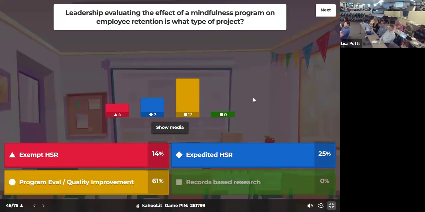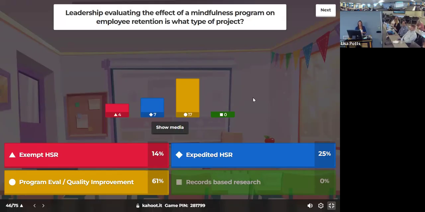Program eval. Yeah, so again, like with all these, you could say it depends on the specific details, but I would probably pick program eval on this one too. Say they're looking at aggregate data, like turnover rate of a group of employees, and considering whether, since we implemented this new program, the turnover rate has gone up or down.